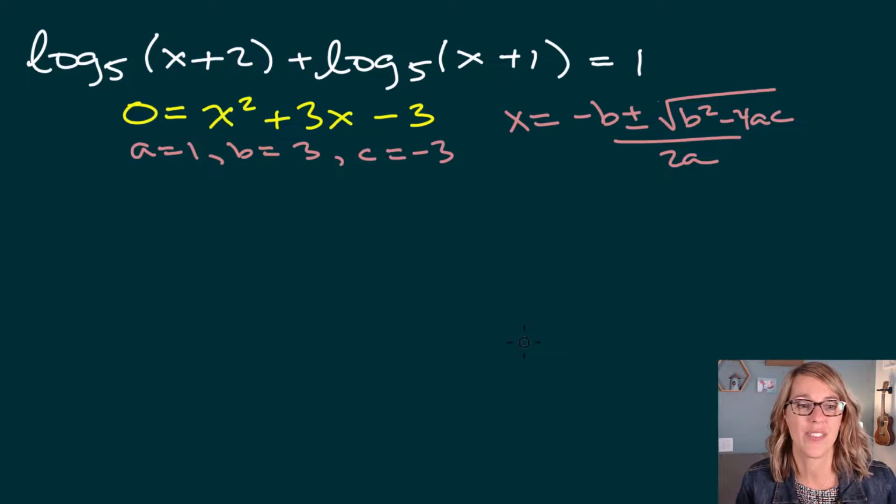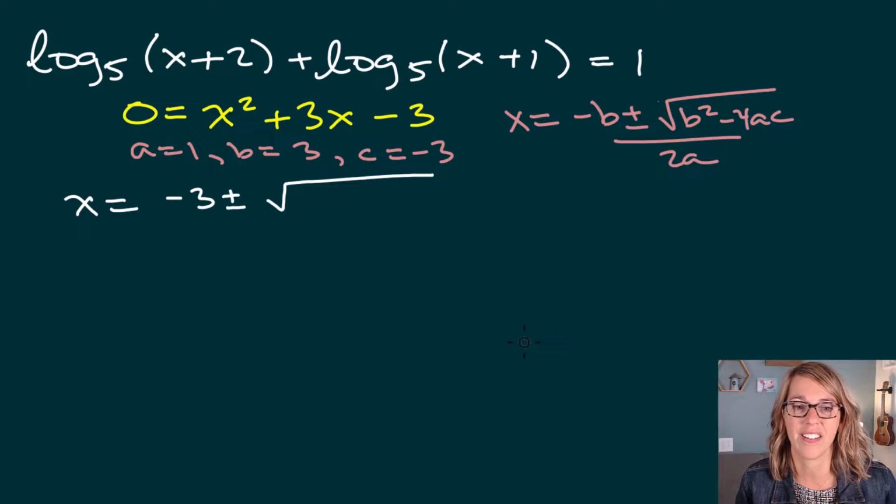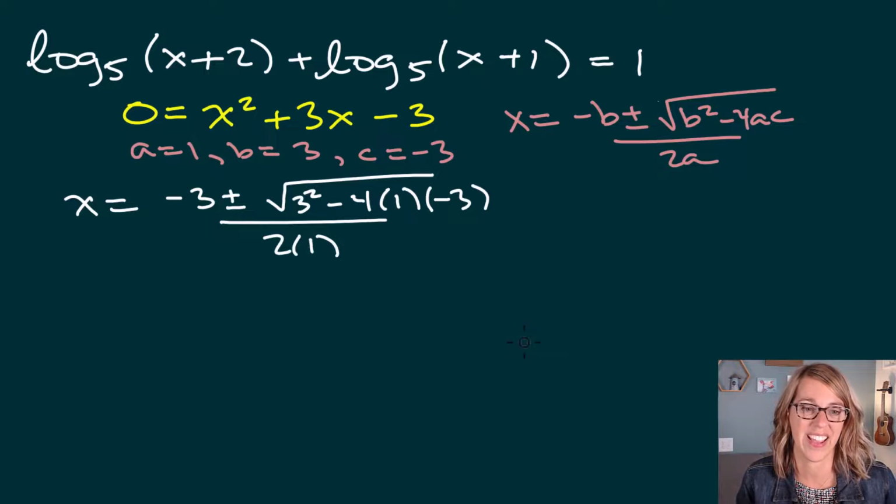Let's go ahead and put this into the quadratic formula. x is equal to the opposite of b, so that's the opposite of 3, plus or minus the square root of b squared, 3 squared, minus 4 times a times c, all divided by 2 times a.